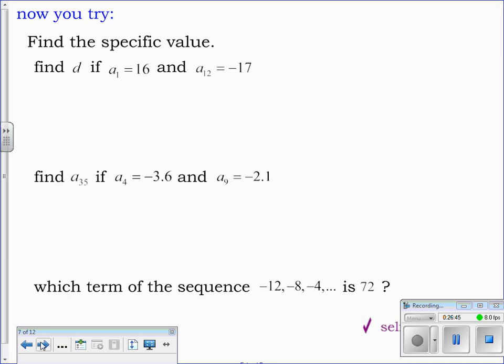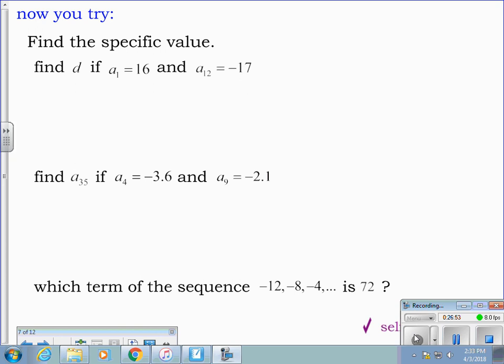So, do the first one, do the last one, skip the one in the middle, we'll come back to it. Okay, so let's do these. The first one, we know what the first term is, the 12th term, and we know what n is, 12. So negative 17 equals 16 plus 12 minus 1 times d.